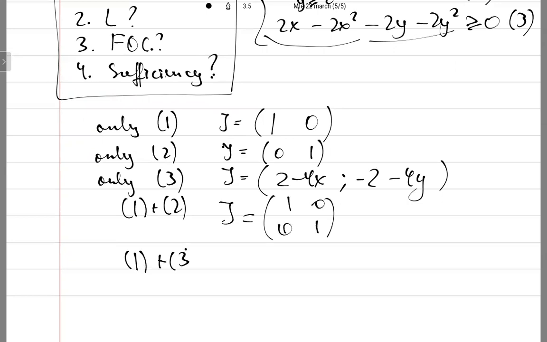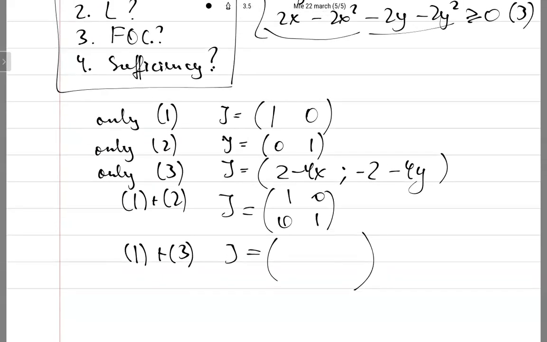First plus third. That's a lot of cases, but I'm brave enough. Be brave, be careful, you will win. The matrix is 1, 0, 2 minus 4x, minus 2 minus 4y.